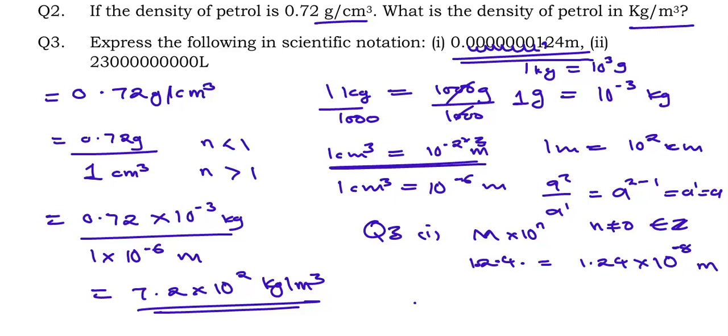So now the second one, you can see that this number is greater than 1. So we put here our decimal place. We're going to have 2.3. We multiply by 10. We are going to count 1, 2, 3, 4, 5, 6, 7, 8, 9, 10. You can see that we have 10. So it is 10 to the power 10 liters.